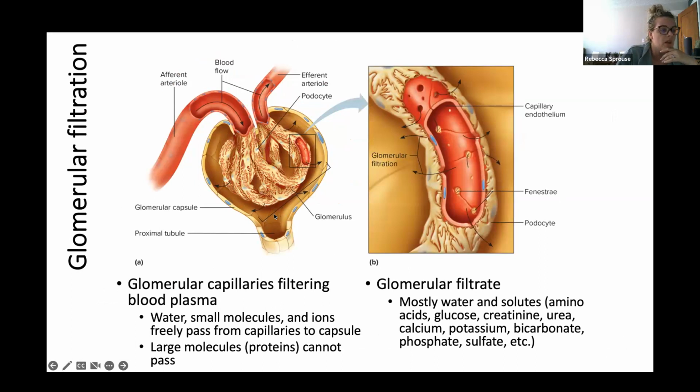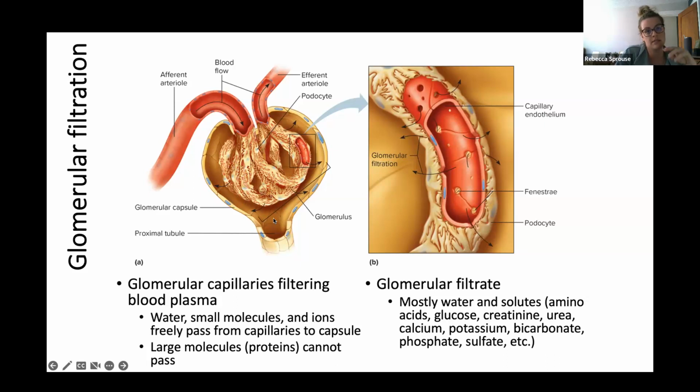Large molecules cannot pass. So proteins are going to stay in these capillaries, and that's going to be important for the draw of water. So filtration is going to force small molecules into the space that will eventually contribute to urine, and protein will stay inside here.